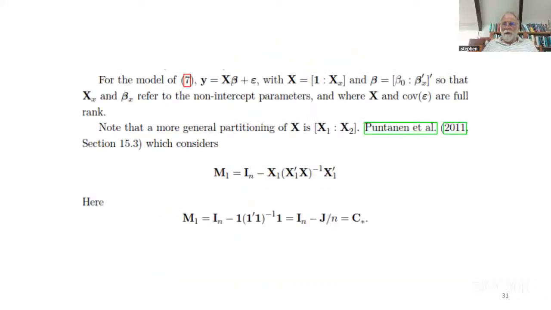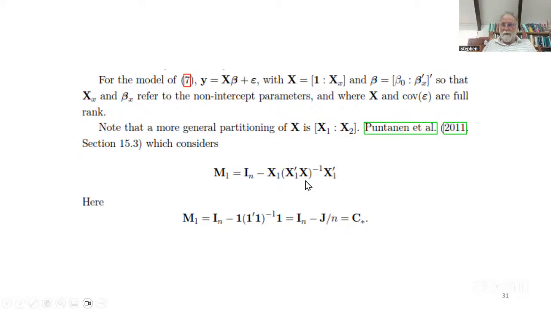For this model, I'm going to split X into the column that is for the intercept and the remainder of X, which I'm going to call X with a small x subscript. I'm going to do the same with beta, and we're going to look at a more general partitioning initially, which is in Simo and Jaco and the book Tricks.